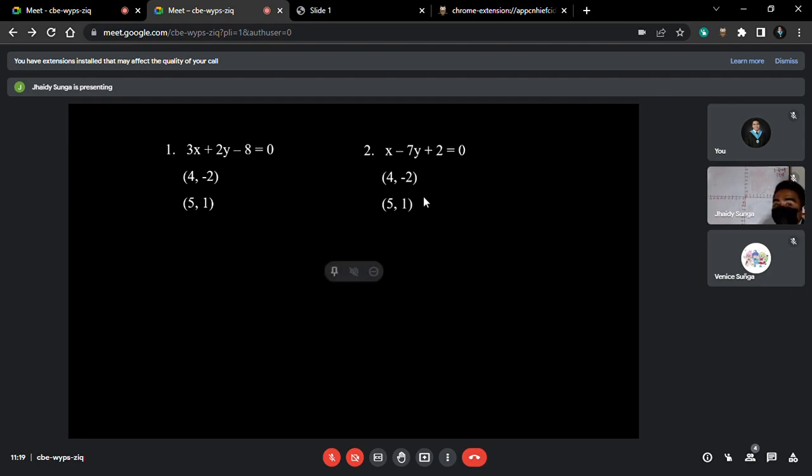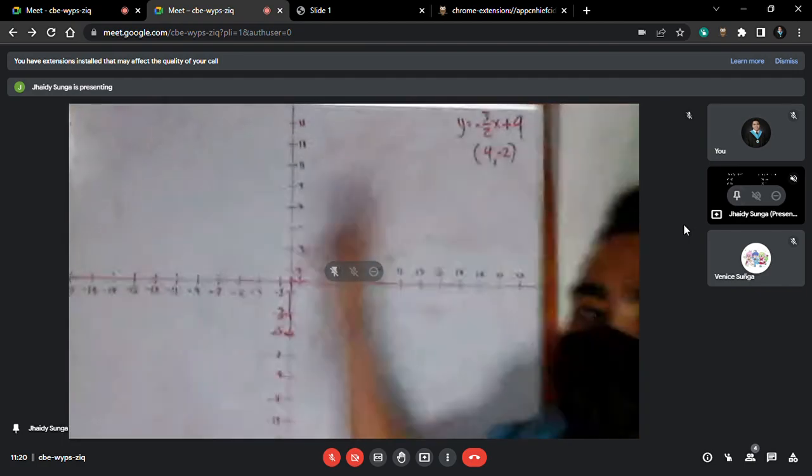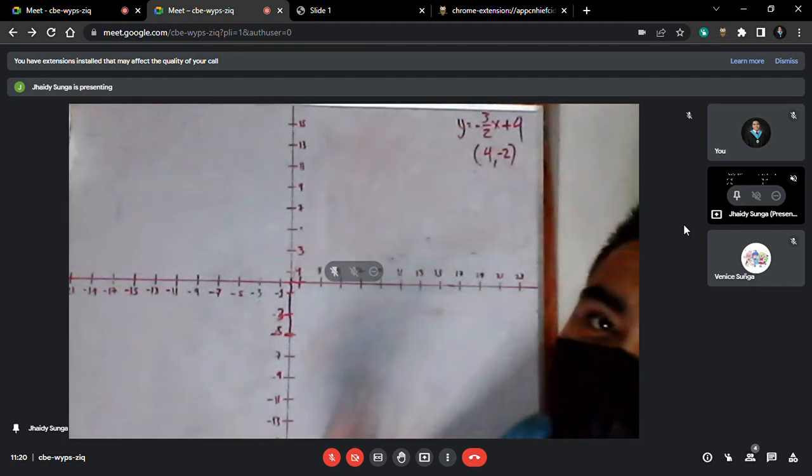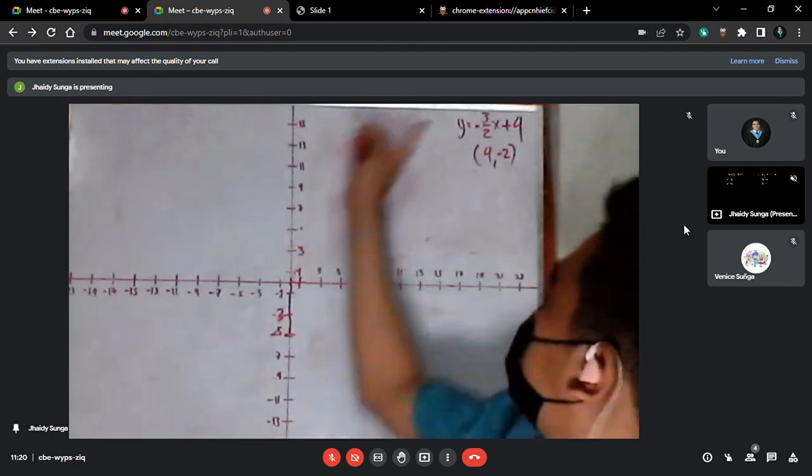And in the other line, 5, 1 is on the line. So later on we will know how we knew that the point 4 and negative 2 is on the line.